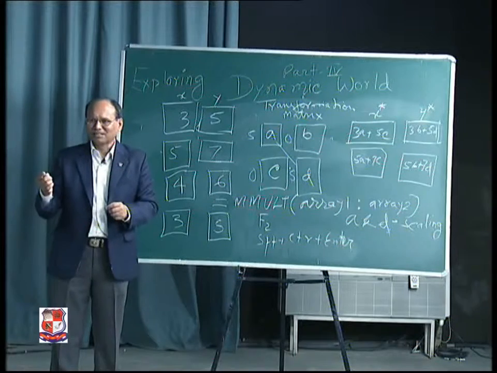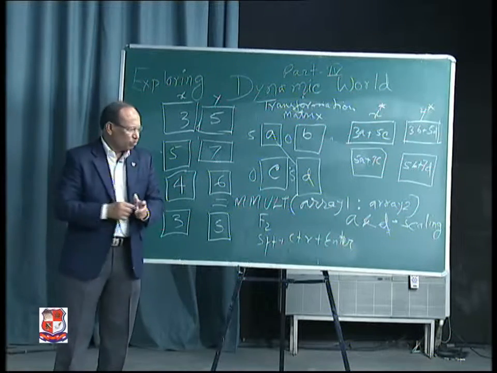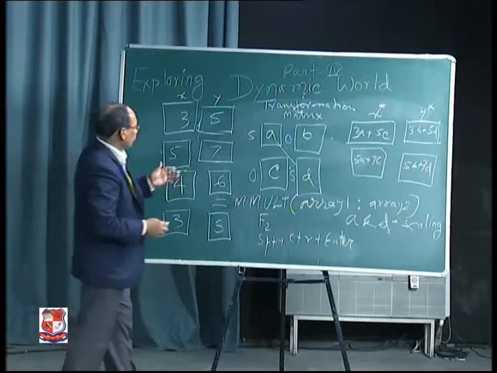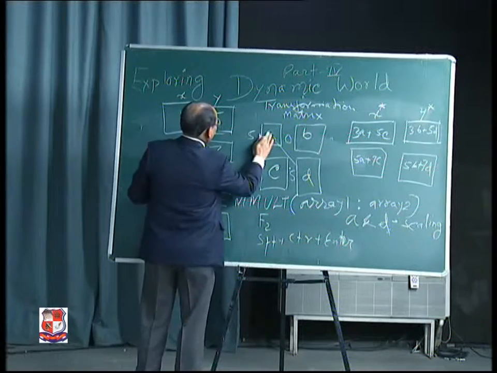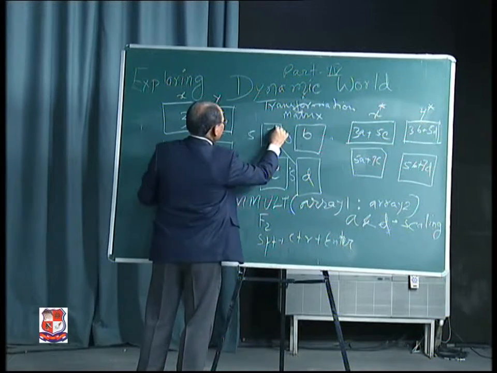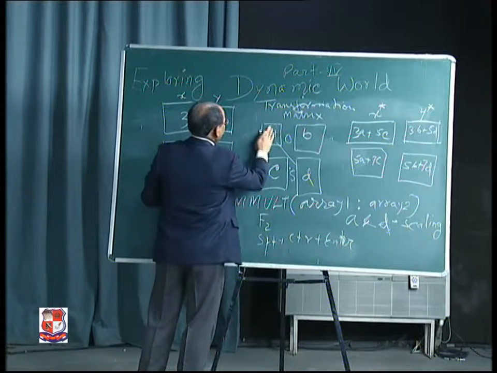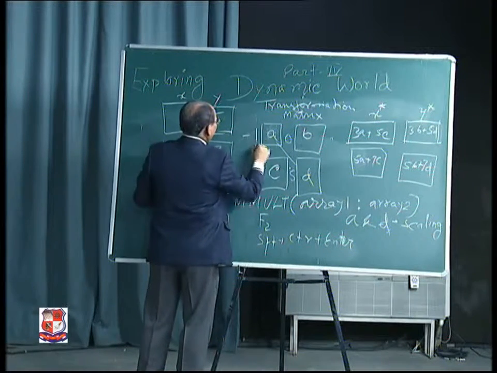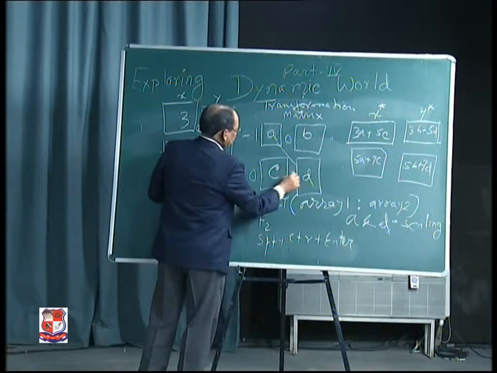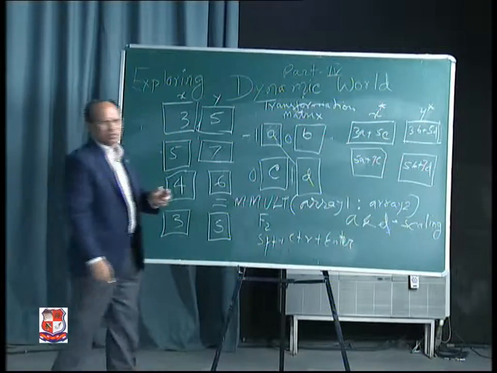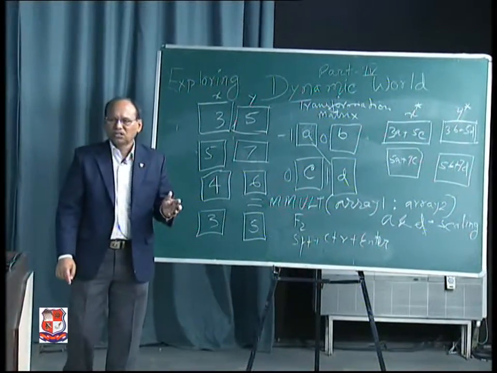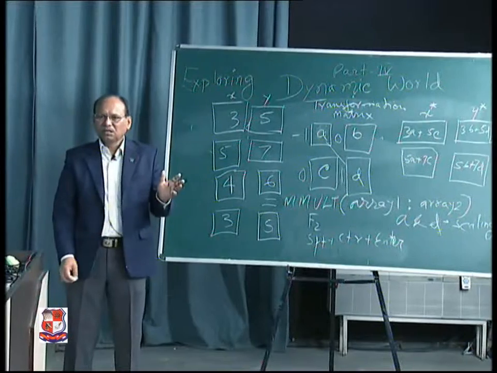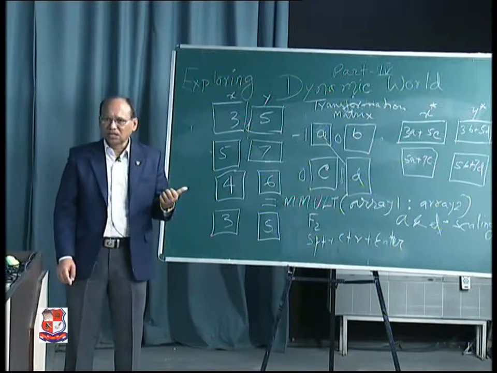But another thing, with this you can, if it is -1, suppose A is -1 and this is 1, what will happen? Then x will change to a negative value, no?